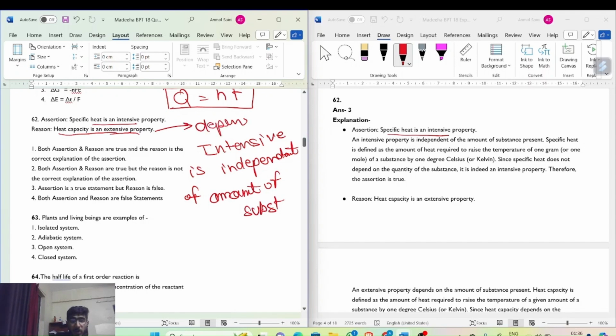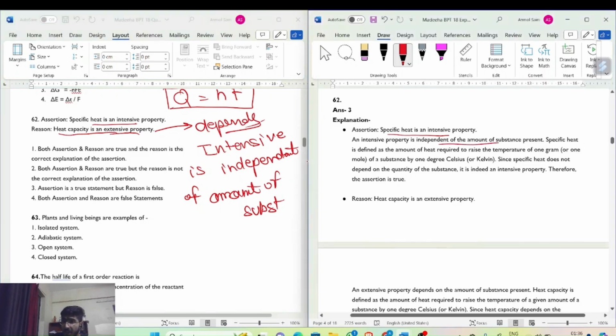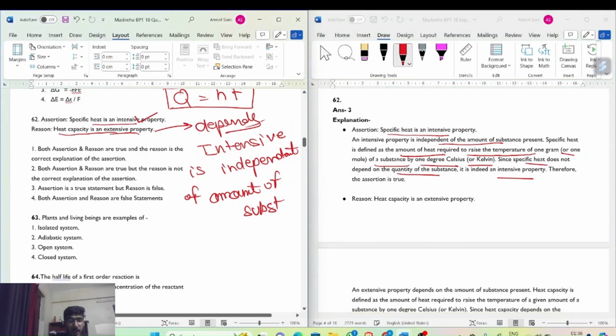Now intensive property is independent of amount of substance, yes, and specific heat is defined as the amount of heat required to raise the temperature of 1 gram or 1 mole of an atom by 1 degree Celsius or 1 Kelvin. Since specific heat does not depend on the quantity of substance, that's why it is an intensive property. So our assertion is absolutely correct.